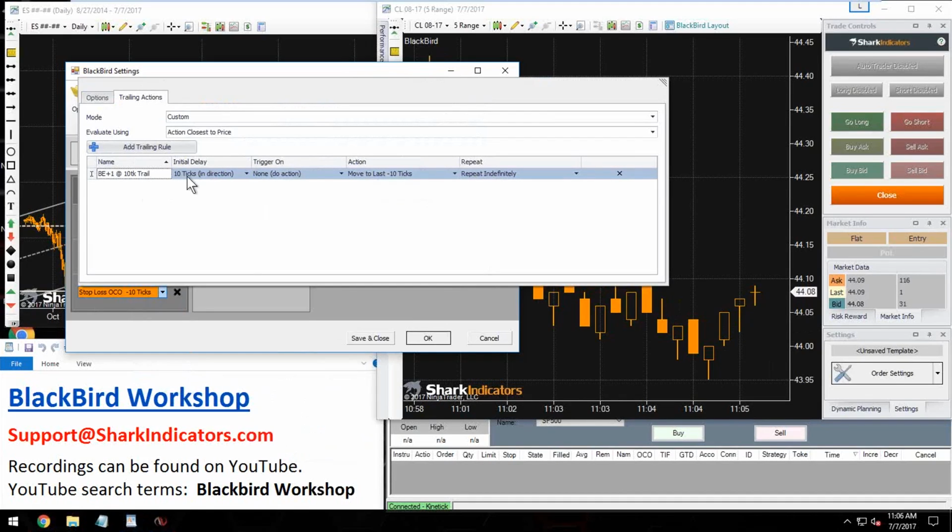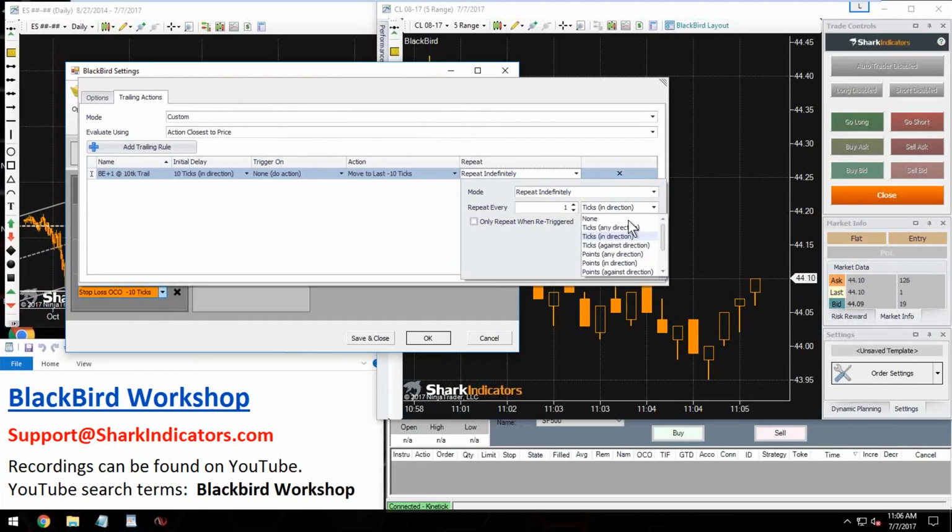And so with calculate on bar close set to true, this is still going to calculate on a tick-by-tick movement. And if we look at the repeat, our repeat is set to ticks, right? So we're using ticks in the repeat. So this rule is going to repeat on a tick-by-tick movement here.